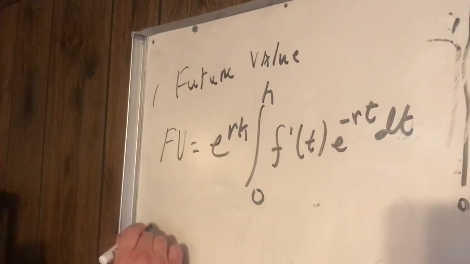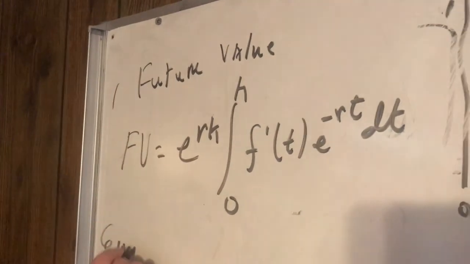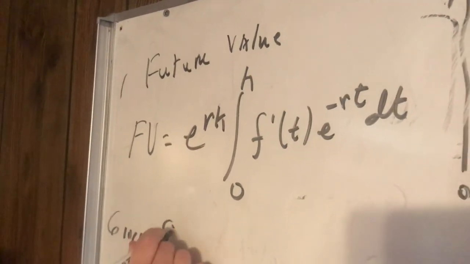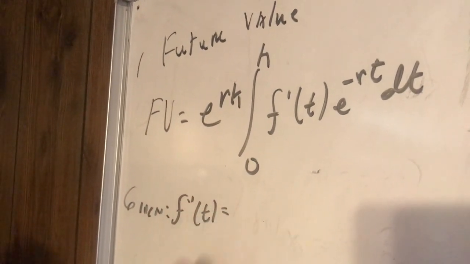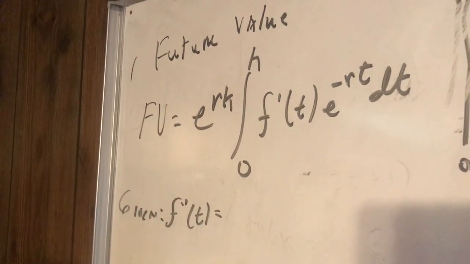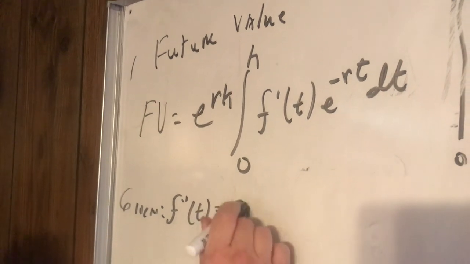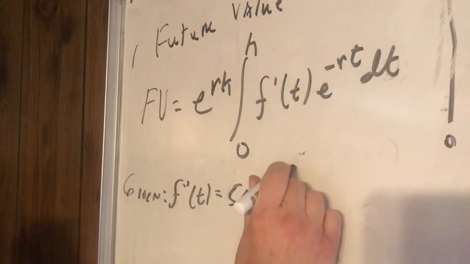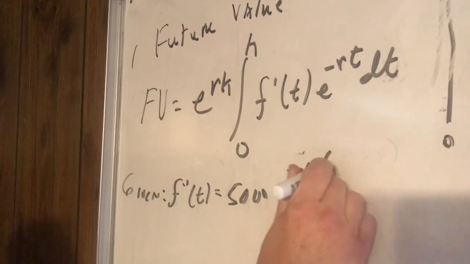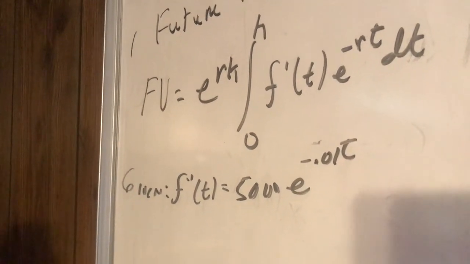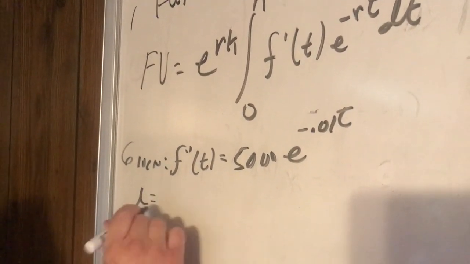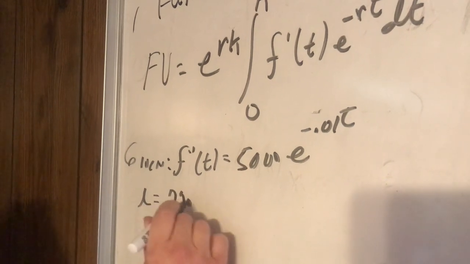So I'm going to say given f prime t equals 5,000 e to the minus 0.01 t. My interest rate is going to be 7%.